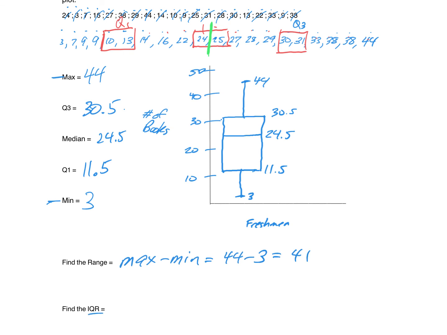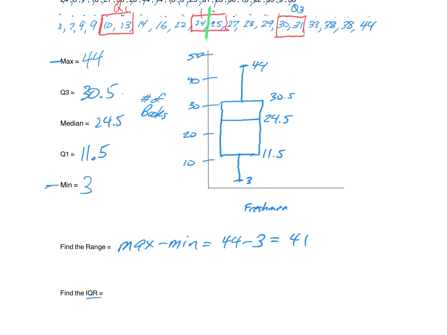And we have this thing called an IQR, which is the interquartile range, and it is Q3 take away Q1, which is 30.5 take away 11.5, which is 19.